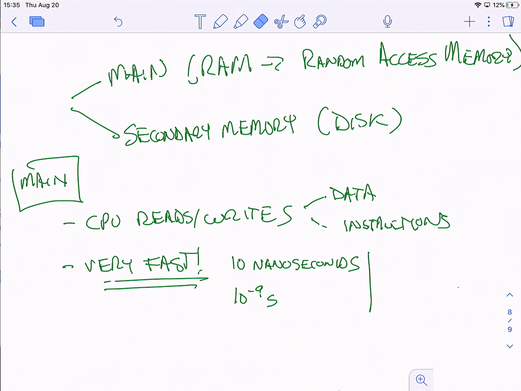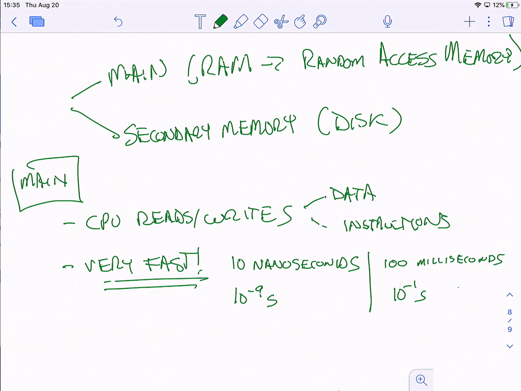I was looking at my math over there, so just make sure we get that right. 100 milliseconds, which is 10 to the minus 1 second, or 0.1 second. So we're talking about a difference of almost 1 billion times faster for the CPU reading and writing to main memory versus what a human being is capable of doing. So main memory is awesome.